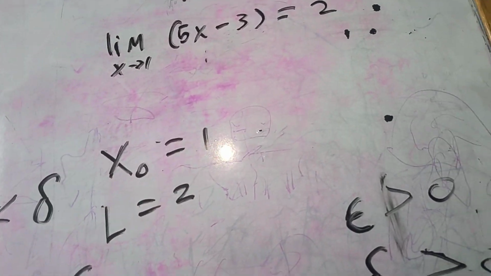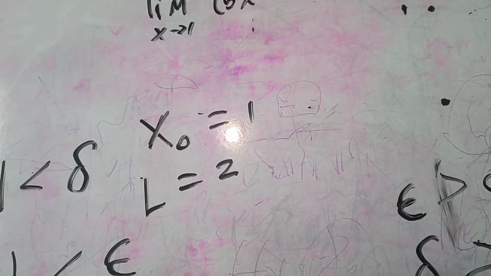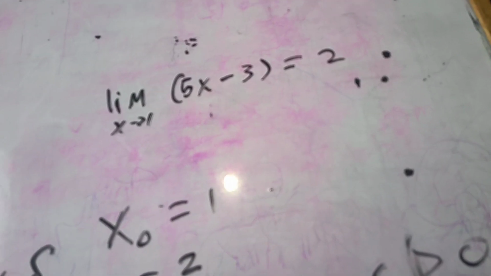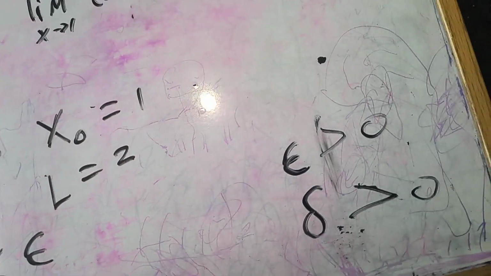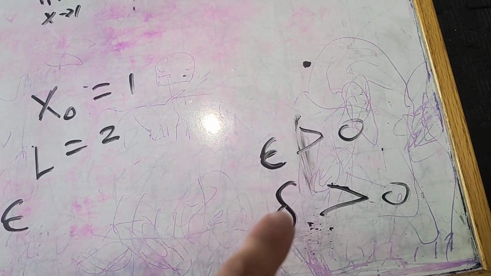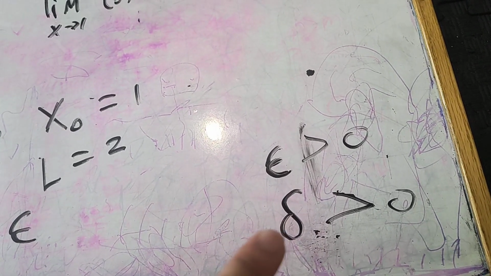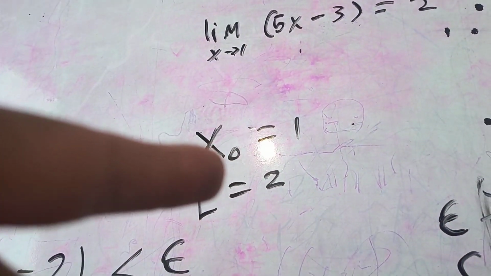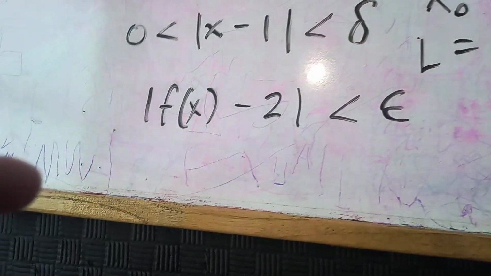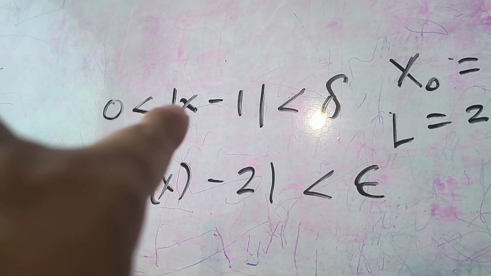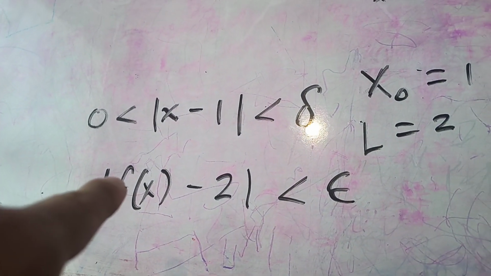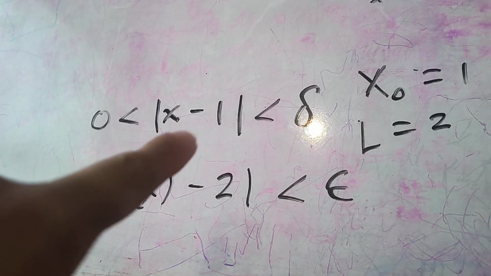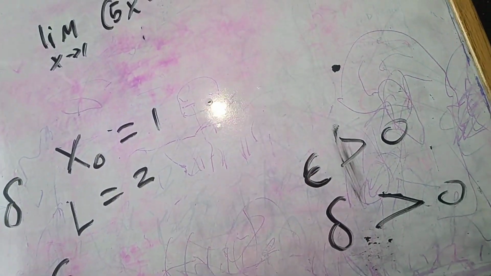So we're basically saying that in order to show that this is a limit, we need to show that there's a delta value that x can stay within of x naught, that also shows that the distance from f of x to the limit can stay within epsilon.